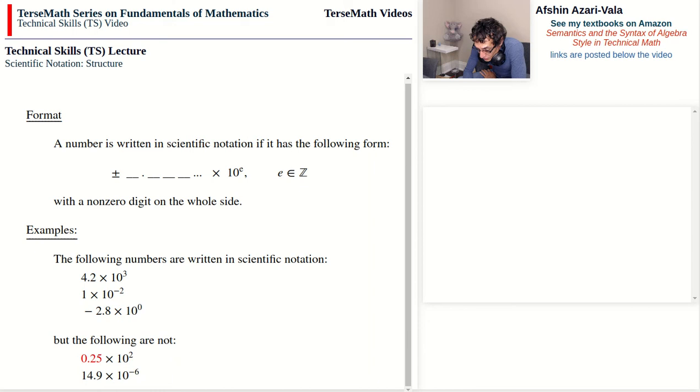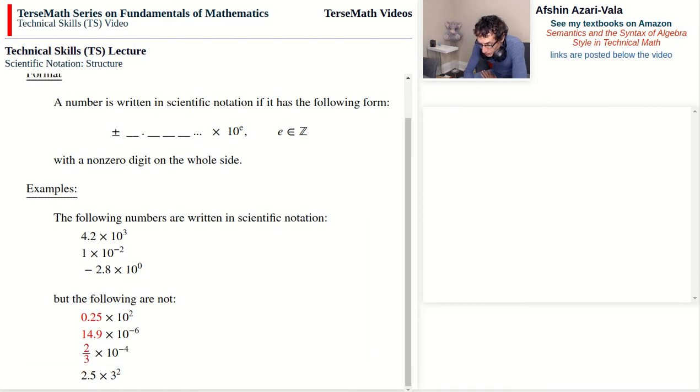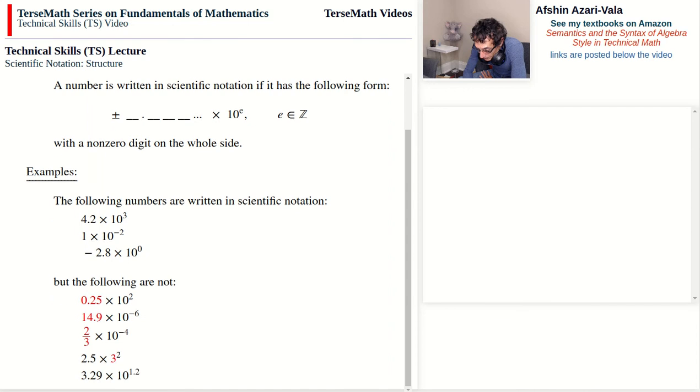It has to be one digit, and so it's the 14.9 that doesn't work. 2/3 times 10 to the power of negative 4. We need the number in decimal format. 2.5 times 3 to the power of 2. The base is not 10. 3.29 times 10 to the power of 1.2. The exponent of 10 is not an integer.